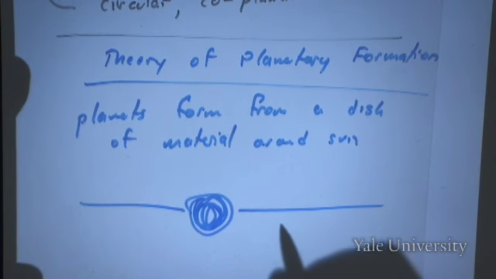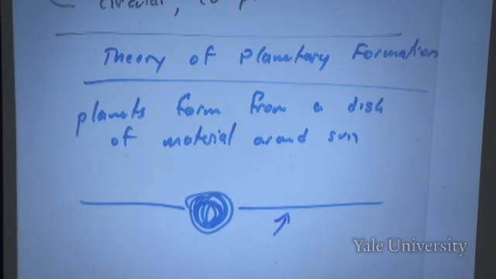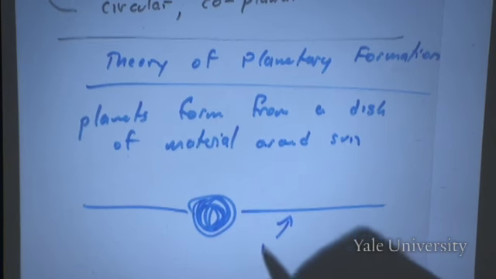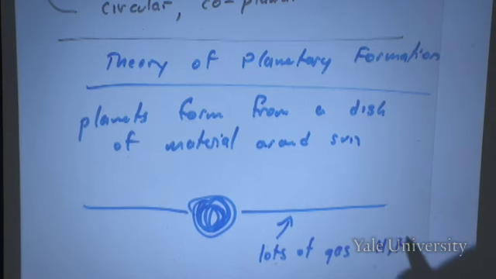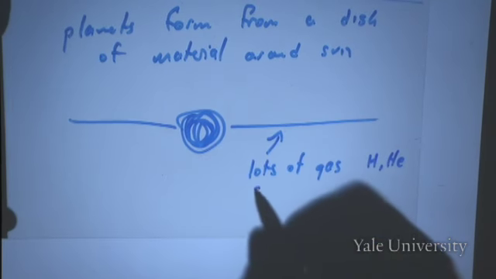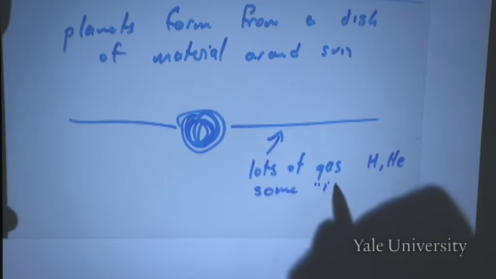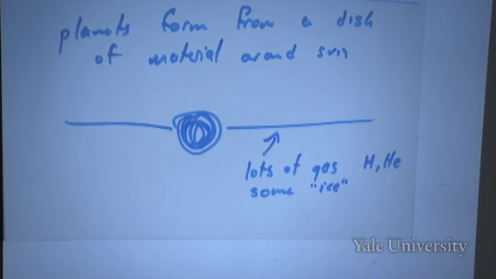This disk consists of basically the same material as the sun, which is to say lots of gas, by which I mean hydrogen and helium in particular, and some ice, of course, when it's in a star, it's all melted.